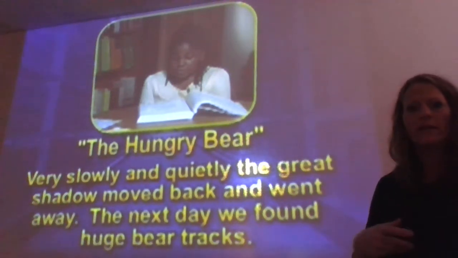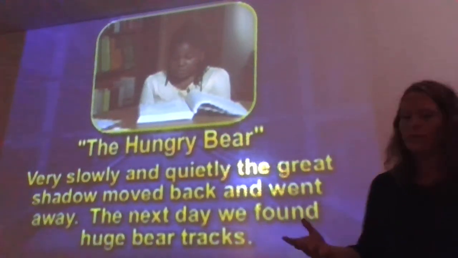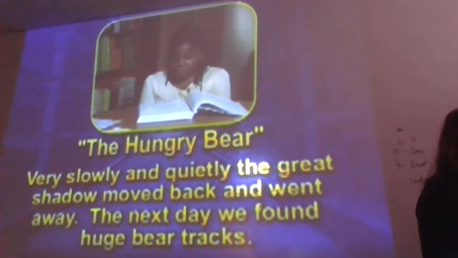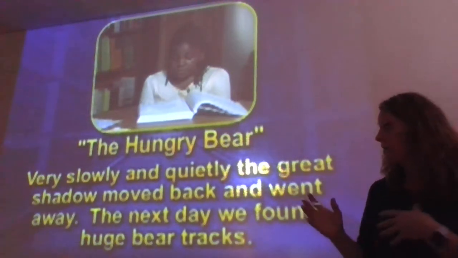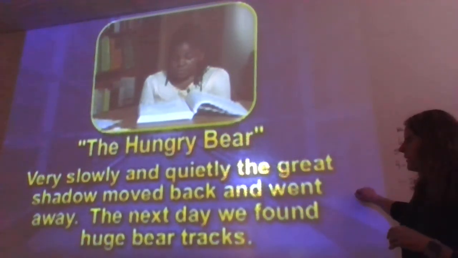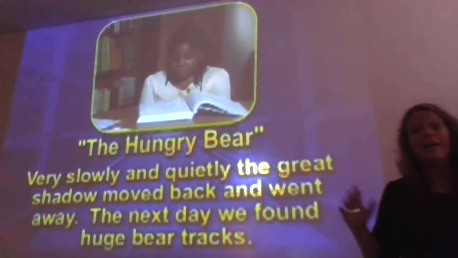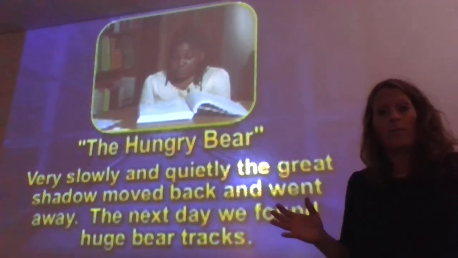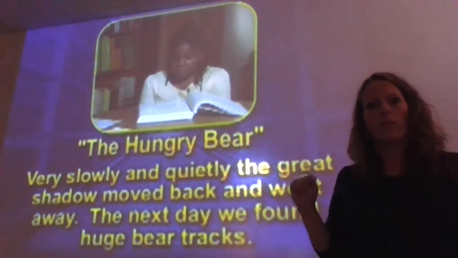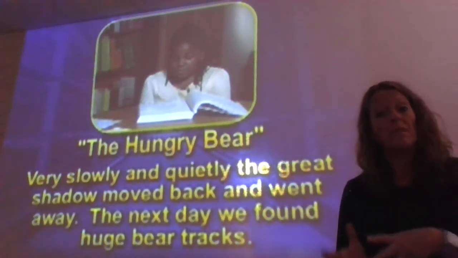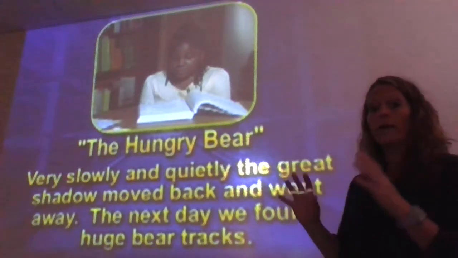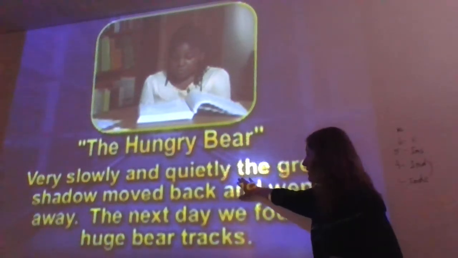So the reader said, in fright, I knocked on the window very slowly and quietly. Well, in actuality, the text is saying very slowly and quietly, the great shadow moved, not knocking on the window. If you're knocking on the window in fright, you're not going to do that very slowly and quietly. So she completely changed the meaning of the text by putting punctuation in here and then starting here.